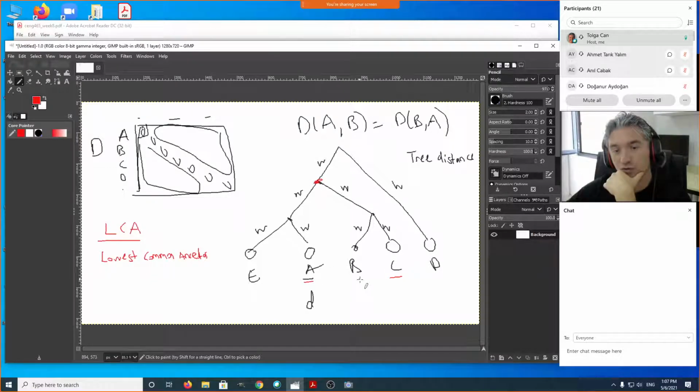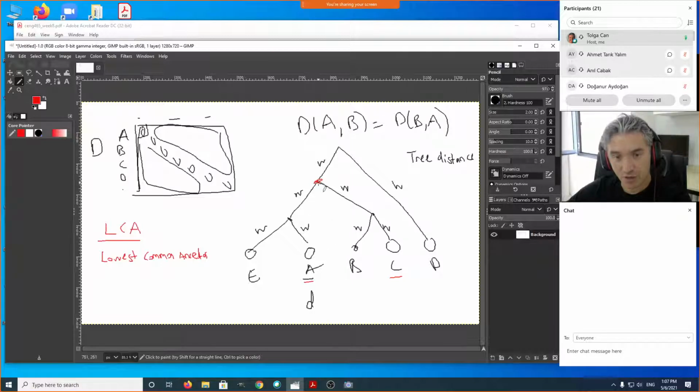It asks, given two nodes in a tree, which may not be at the same level like this, what is their lowest common ancestor? So this node is the parent of A, this node is the parent of B, parent of C. Parent and child relationships are distance-one, direct relationships with a direct edge.